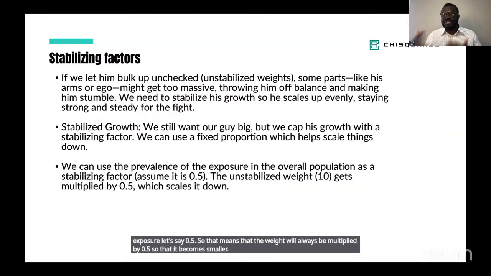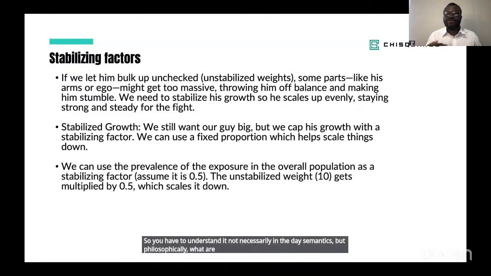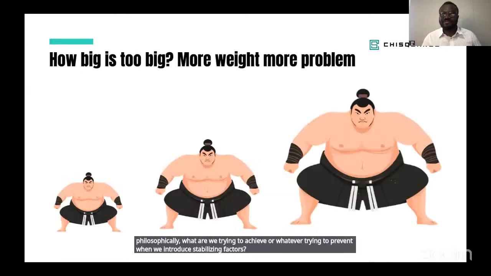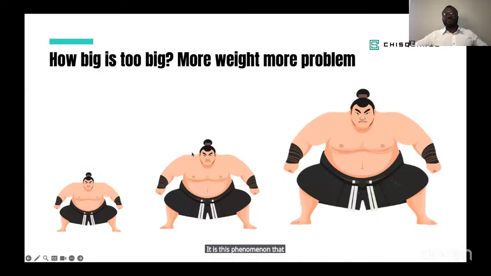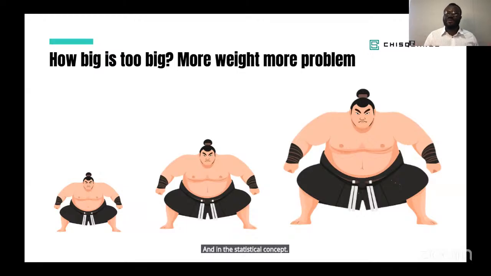So you have to understand it not necessarily in the semantics, but philosophically, what are we trying to achieve or what are we trying to prevent when we introduce stabilizing factors? It is this phenomenon that when somebody grows so big, their weight becomes a problem. And in the statistical concept, it becomes a problem because the confidence intervals start getting very large.